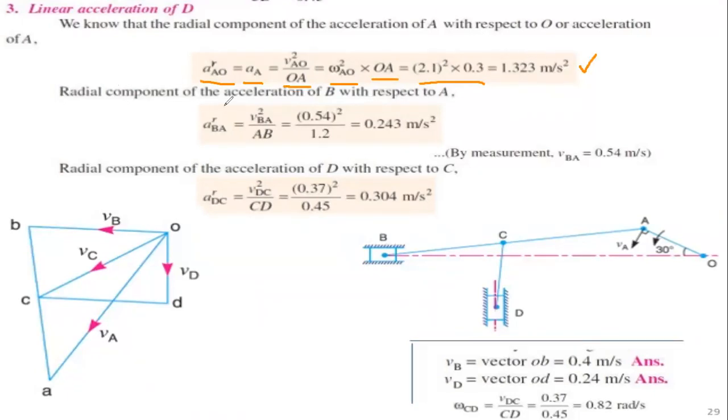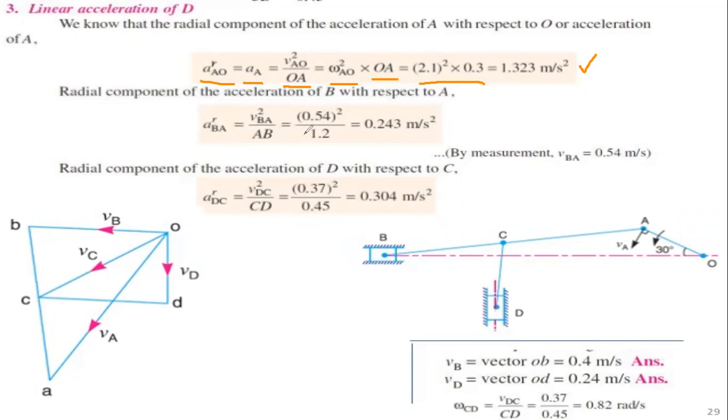Next, the radial component of the acceleration of B with respect to A. So we take the radial component for acceleration AB. Therefore we take velocity of BA whole square by AB.